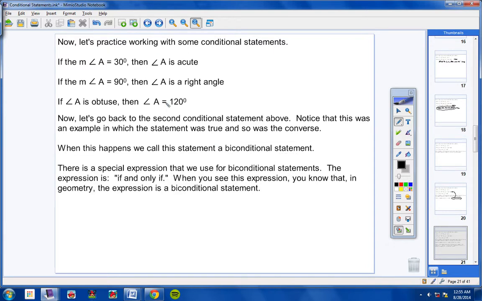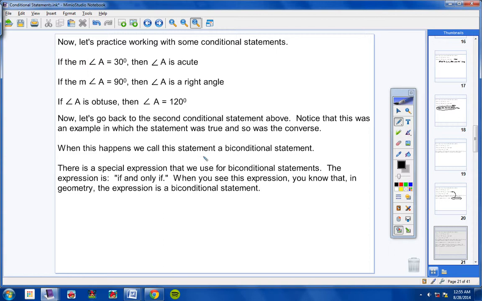All right? There is a special expression. Please listen to me, students. There is a special expression that we use for biconditional statements. And the expression is if and only if. When you see this expression, you know that in geometry, the expression is a biconditional statement.